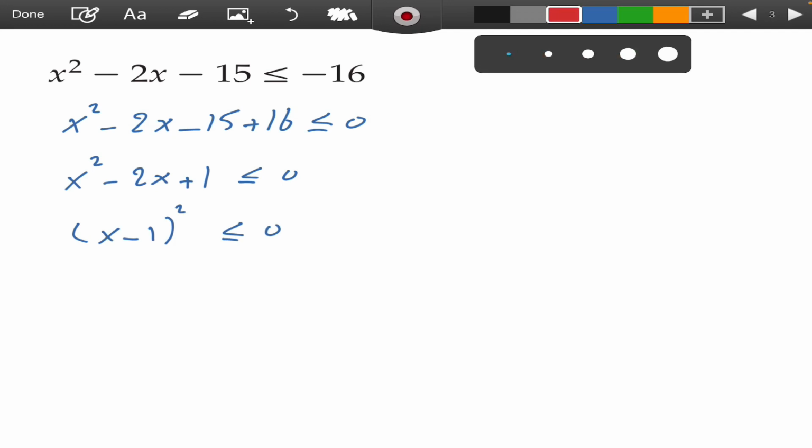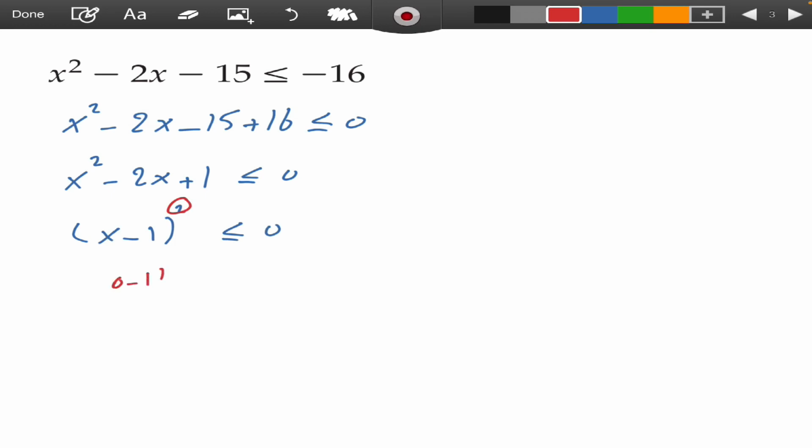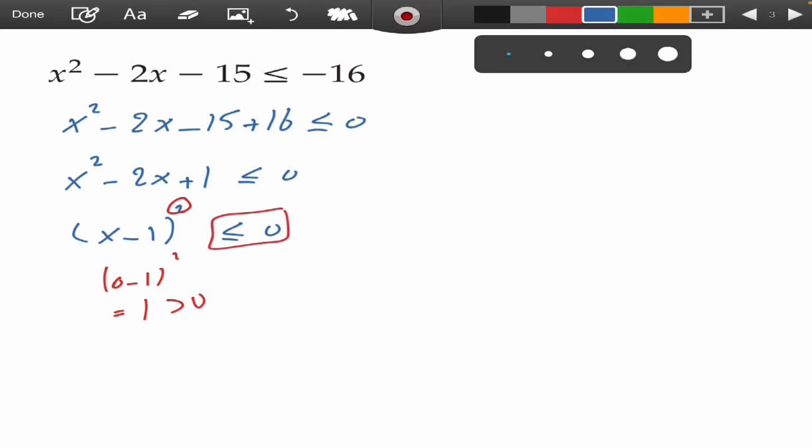If you want to test it, it is always positive. Why? Because bracket to the power of 2, whatever you replace, is going to be positive. Or choose any number, let's say 0. So 0 minus 1 to the power of 2 is 1, which is always positive. But according to this, we need the negatives only, or equal to 0.